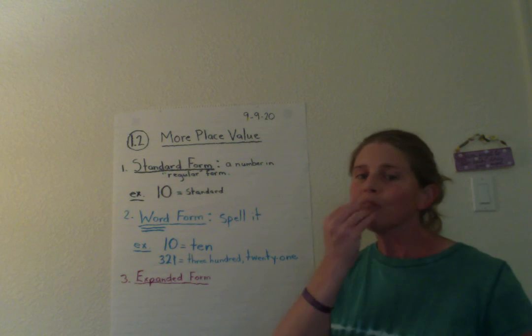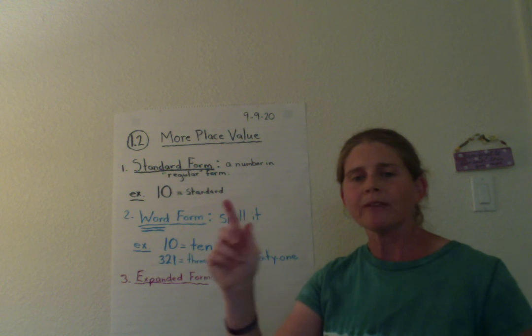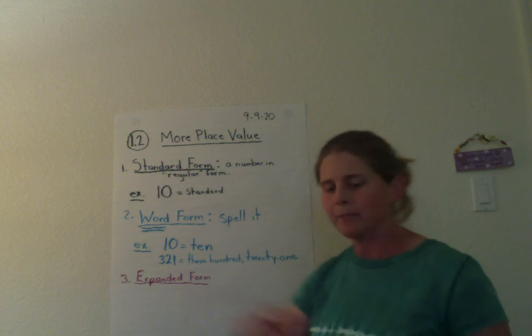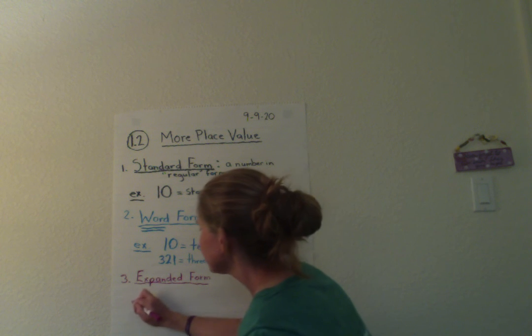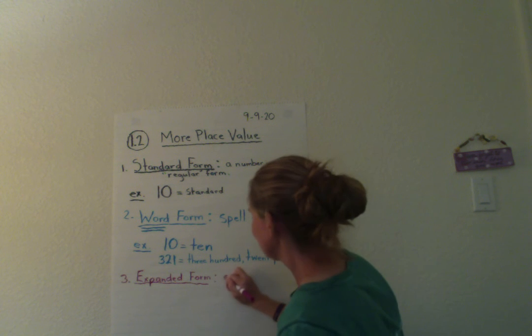It means now I have to stretch out and show each place value. And I'm going to add it up together and show it by using addition signs. So here we go. Here's an example. Well, first, let's put as a little reminder, stretch it out.